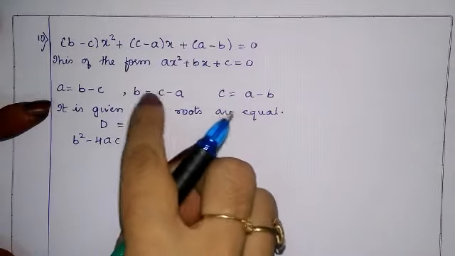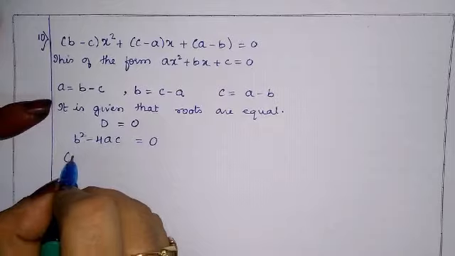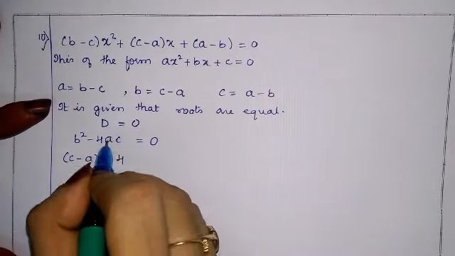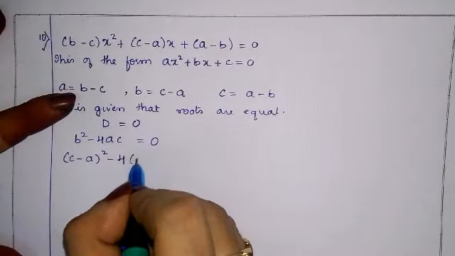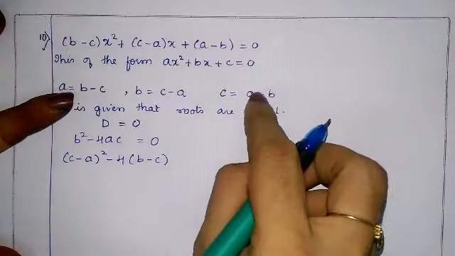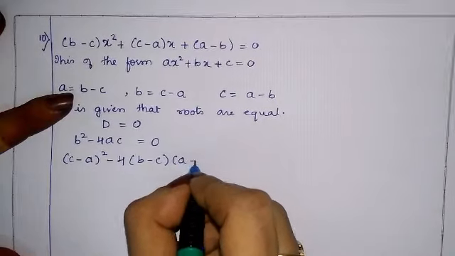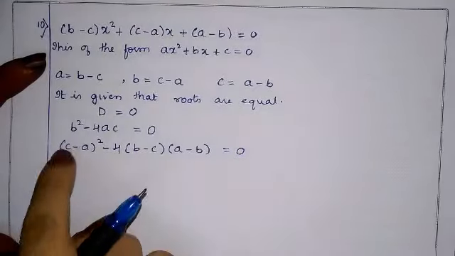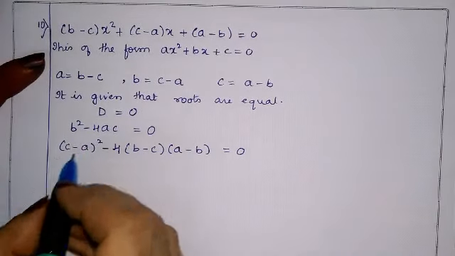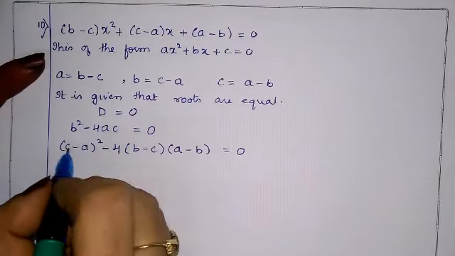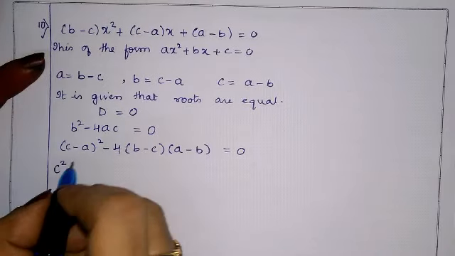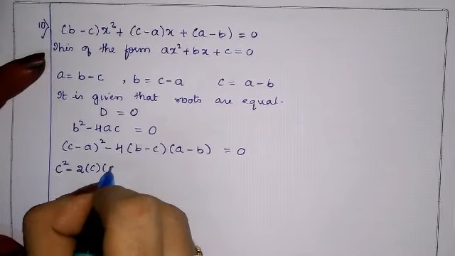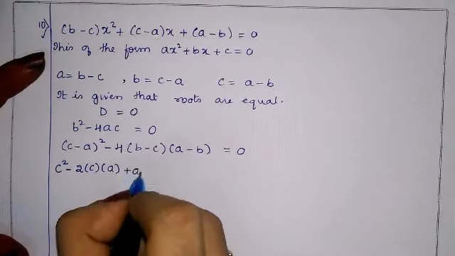Let us write the values. b value is (c minus a) whole square minus 4 into a value, which is b minus c, and c value, which is a minus b, equal to 0. Now what we have to do, we know the (a minus b) whole square formula, so I'll write the formula here: a square minus 2ab plus b square.